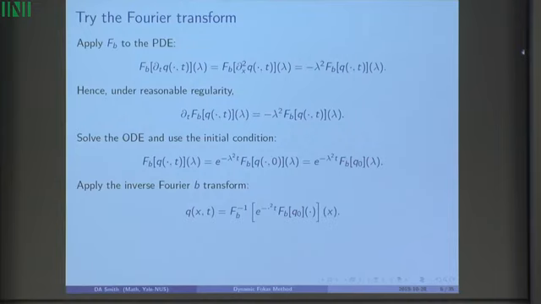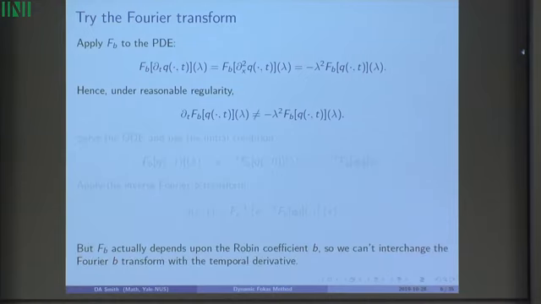The initial value is just the Fourier B transform of the initial datum, and then you just apply the inverse Fourier B transform to this equation, and you end up with a result. So this is exploiting the diagonalization of the spatial differential operator by that Fourier B transform.